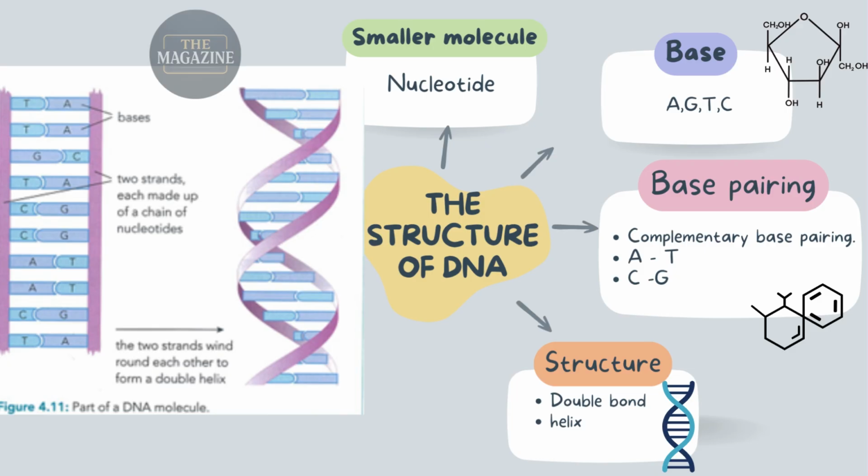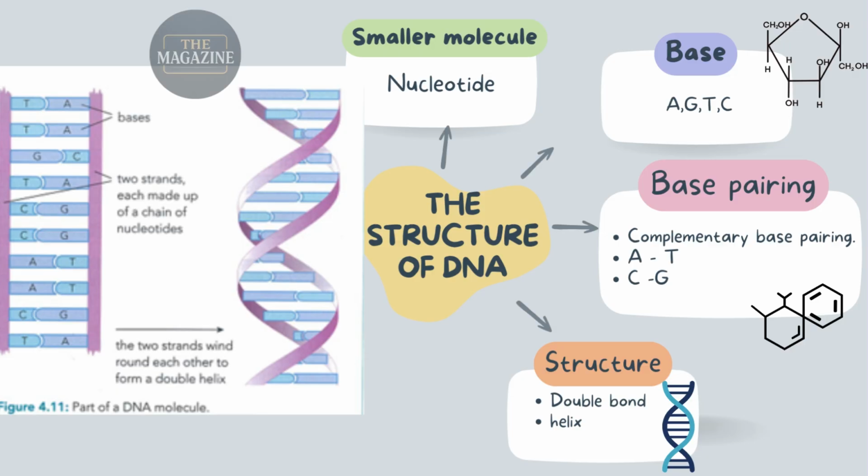So in the DNA structure there are two strands which are connected by hydrogen bonds, and these two strands are arranged as a helix, which is called a double helix.